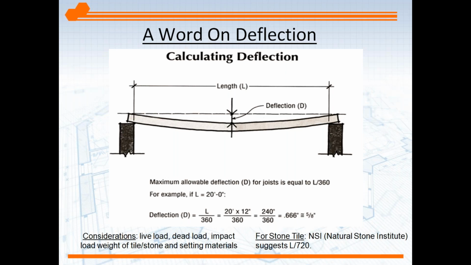So it's double the standard as far as how strict the movement can be. And there's a lot of reasons for that. The stone is heavier, certainly more brittle than tile. So that's what the recommendation is, and that's what we suggest whenever asked. Again, this is simplified, but this is exactly how deflection is calculated and works.